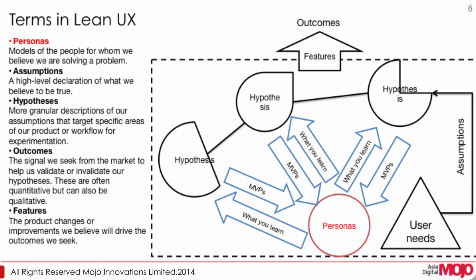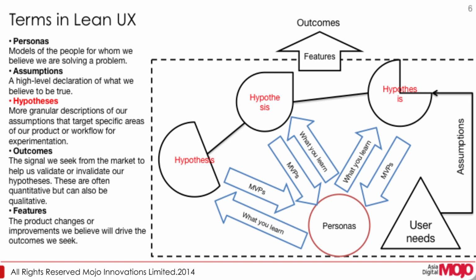After knowing users' needs, we need to define a high-level declaration of what we believe to be true, and then dig more deeply. We need to define the hypothesis. A hypothesis is a more detailed description of our assumptions that target specific areas of our product or workflow for experimentation.